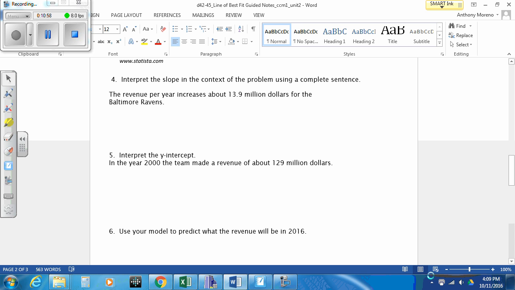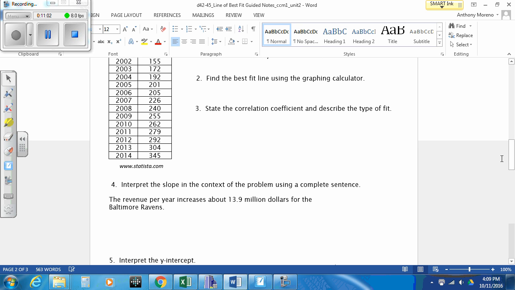Okay, here's your model: predict what the revenue will be in 2016, and all you do is you would essentially add the slope to that. So the revenue would go up about $13 million. So that would be 345 million plus 13 million. So it's about $358 million.